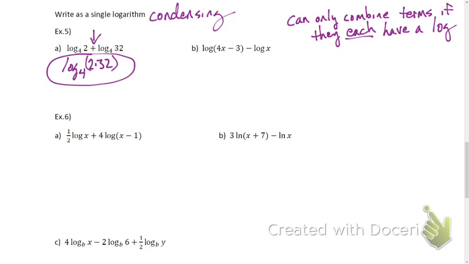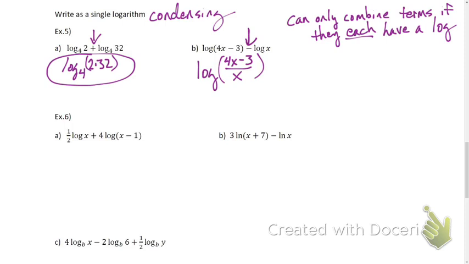So I can't do any division based on this. But I can do division because of that right there. So I would rewrite this as log 4x minus 3 in the numerator over x. And you can put that in parentheses if you want. Parentheses aren't vital on that one.